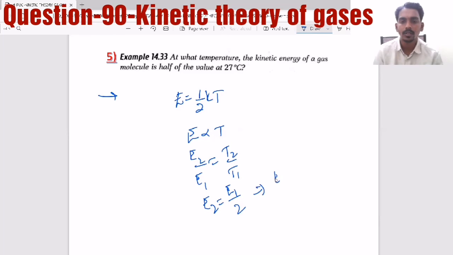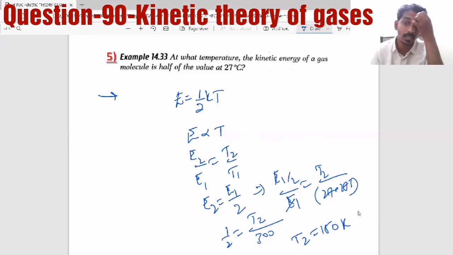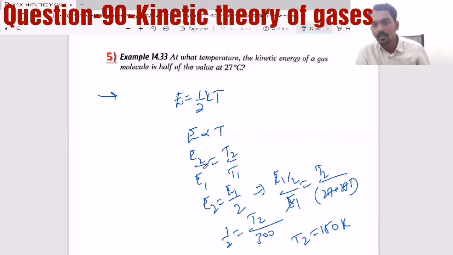Now substituting, (E1 by 2) by E1 equals T2 by T1, where T1 is 27 plus 273. So E1 gets cancelled. 1 by 2 equals T2 by 300. So T2 will become 150 Kelvin. Or they can ask in degrees Celsius also, subtract 273.